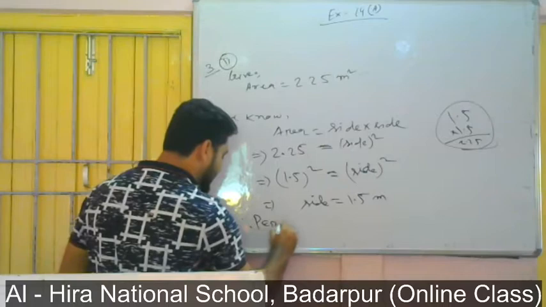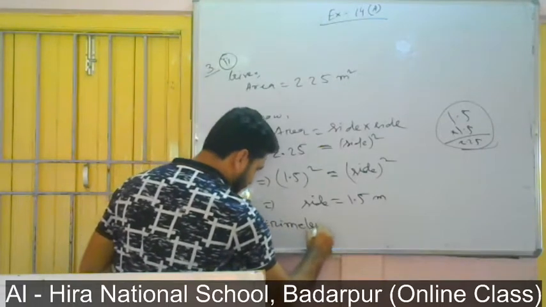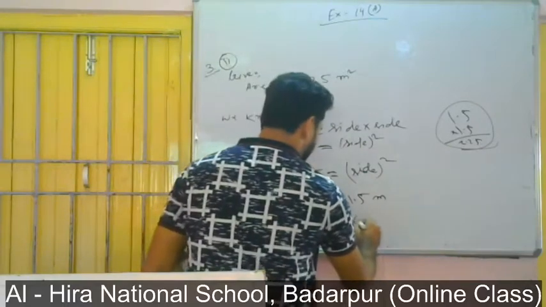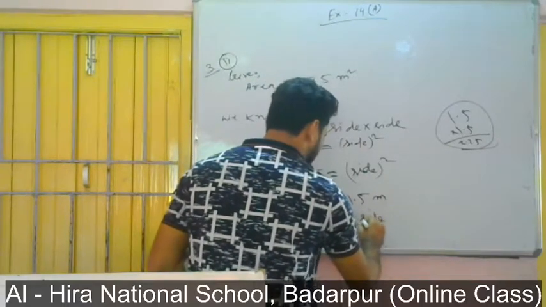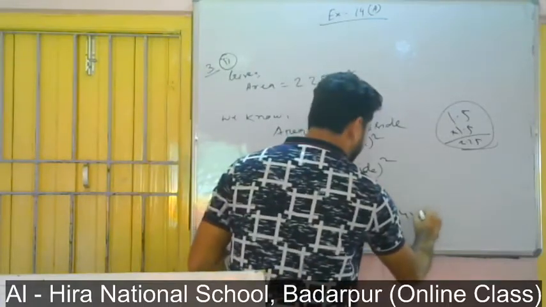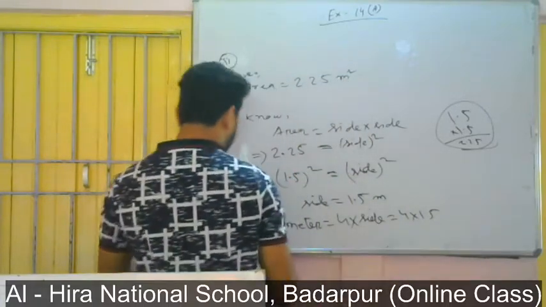Okay, now we can find perimeter. For square, perimeter will be what? 4 into side. So 4 into side means what? 4 into 1.5.